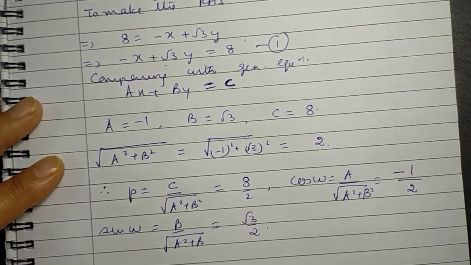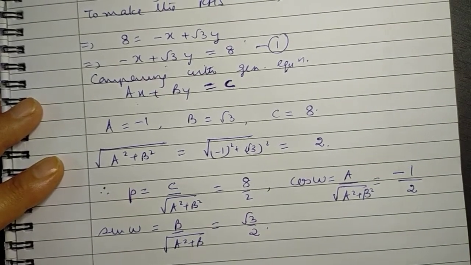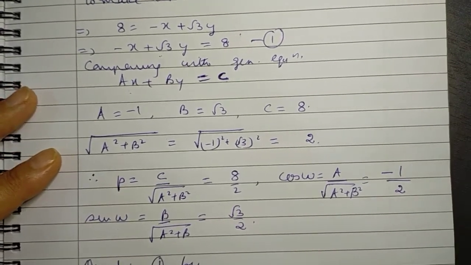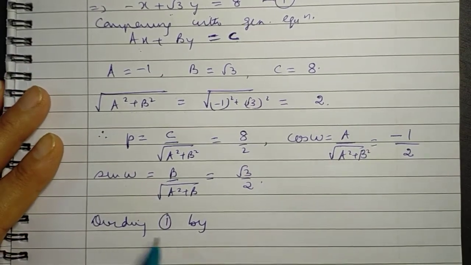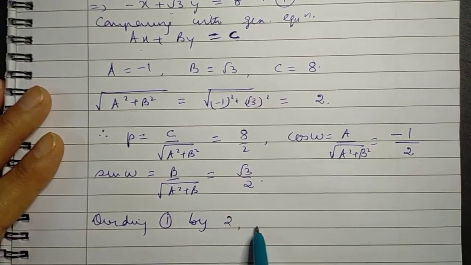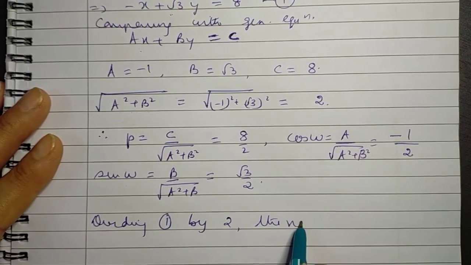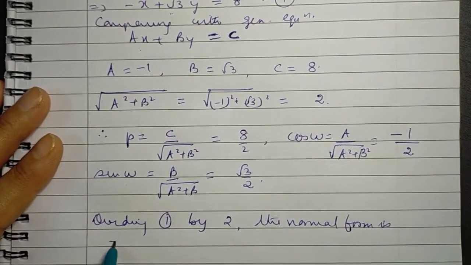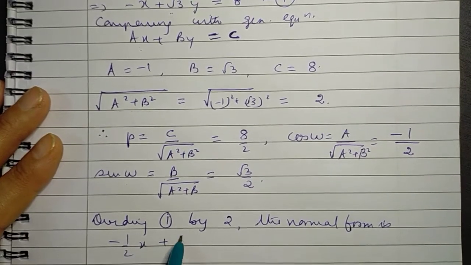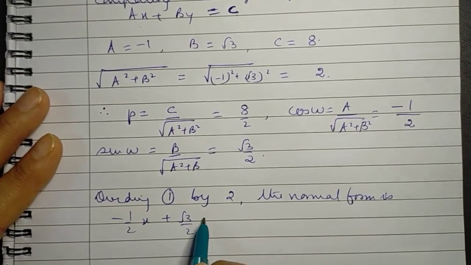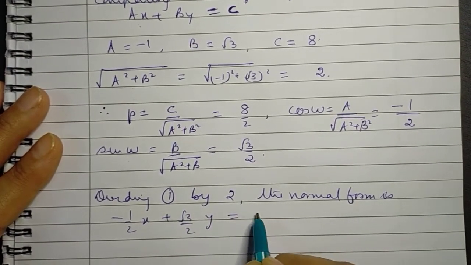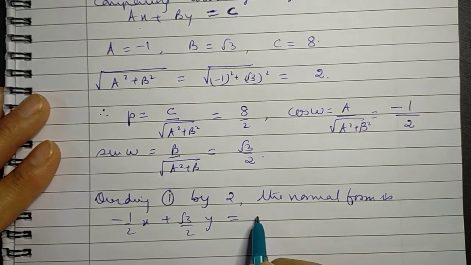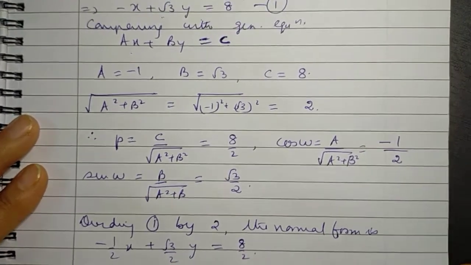So dividing by 2, the normal form is minus 1 upon 2 x plus root 3 by 2 y is equal to 8 by 2.